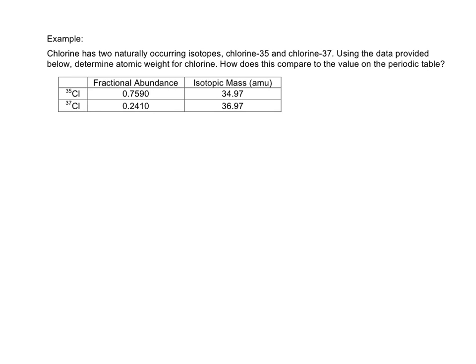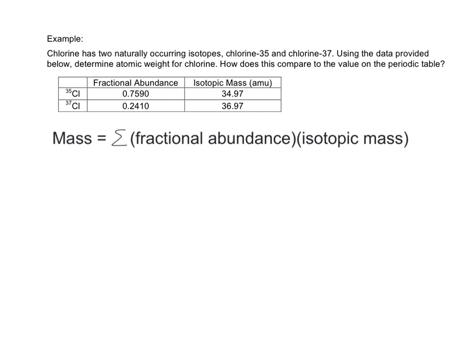So to do this problem, we need to use the equation that's on the previous page, that the mass is equal to the sum of your fractional abundance times the atomic mass. And so for this particular problem, that's going to be the fractional abundance of chlorine 35, which is 0.7590, times that isotopic mass, which is 34.97.